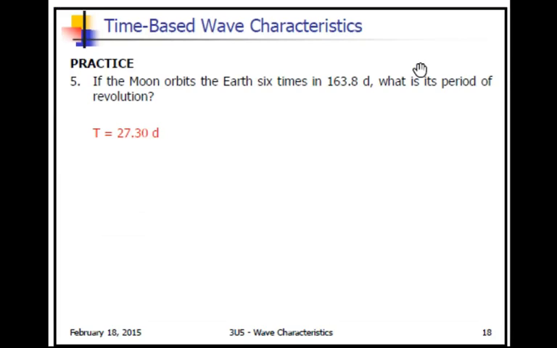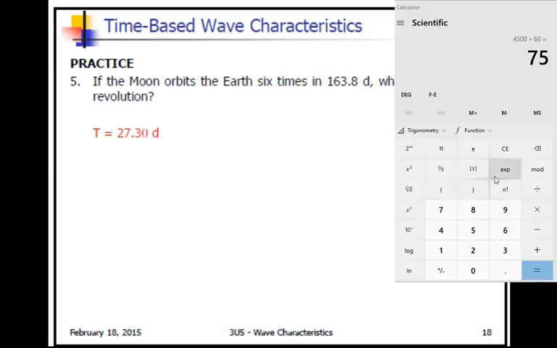This question says, if the moon orbits the Earth 6 times in 163.8 days, then what is the period of revolution? So our period is basically the time it takes for the cycles to happen divided by those cycles.